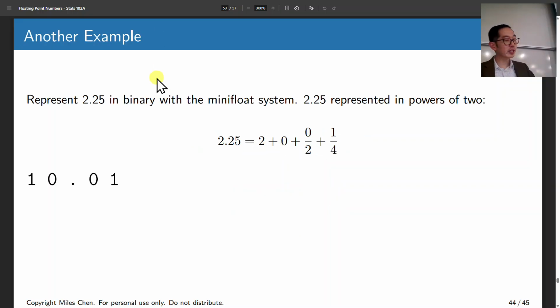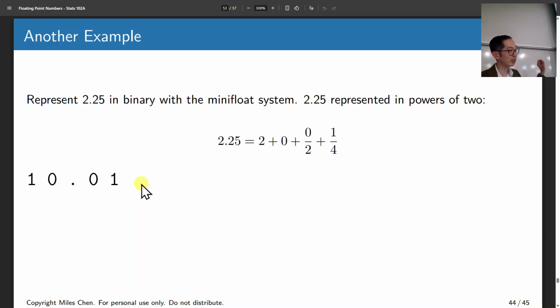And then going the opposite way, what if I want to represent 2.25, the decimal value of 2 1/4, in binary? In binary, 2 becomes 10, and then 1/4 becomes 0.01. To encode this, I have to normalize to binary scientific notation.